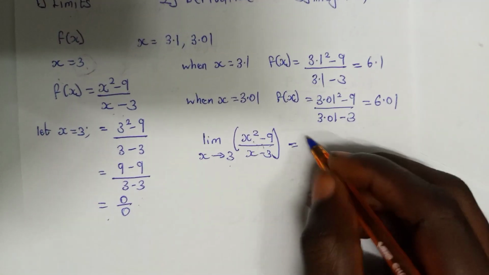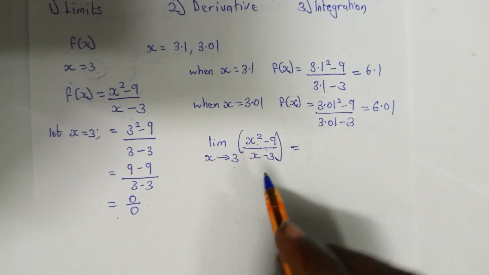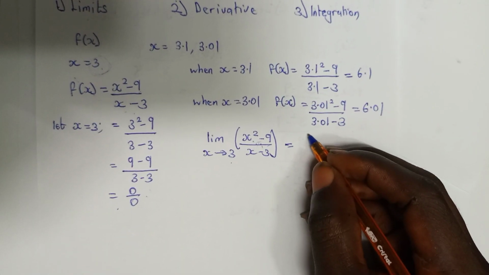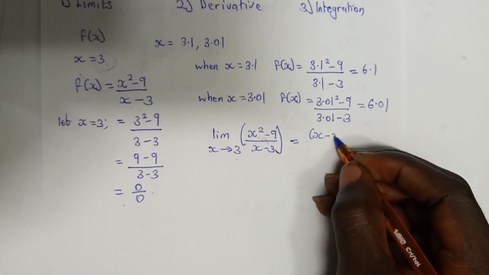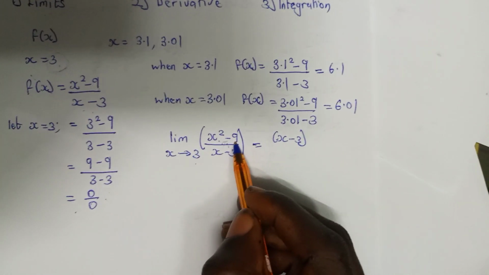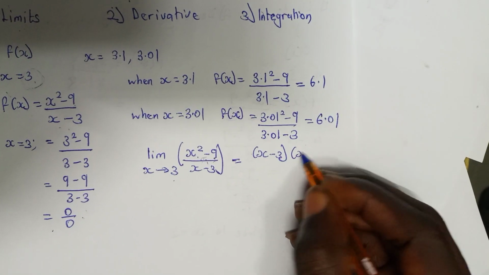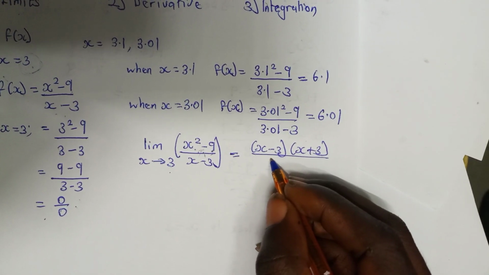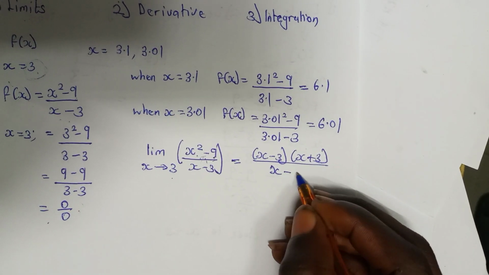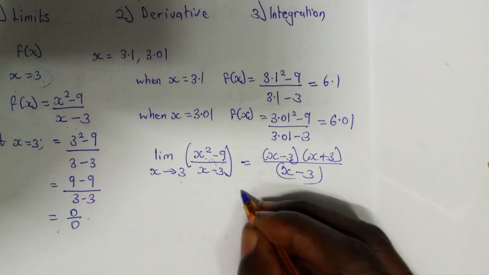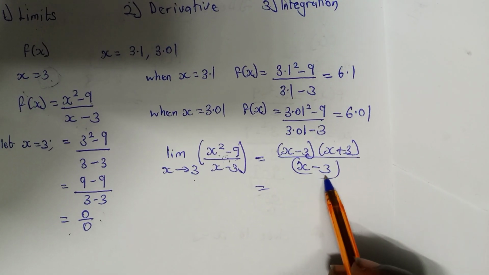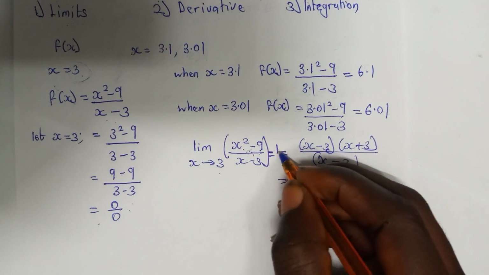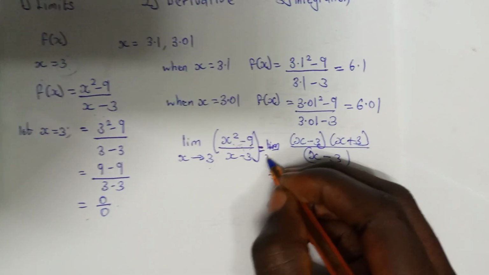So we simplify using the method of difference of two squares. We get x minus 3, since this is 3 squared, times x plus 3, all divided by x minus 3. So x minus 3 cancels x minus 3.